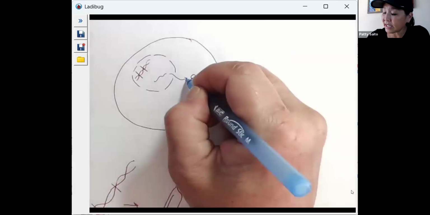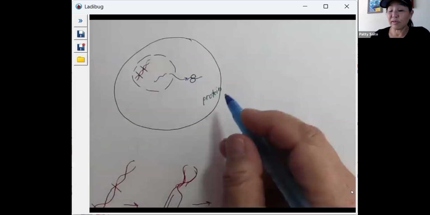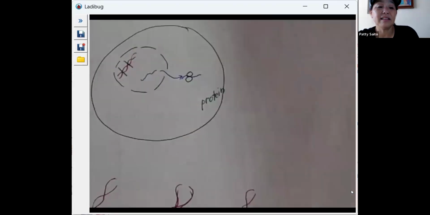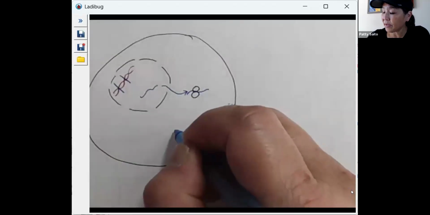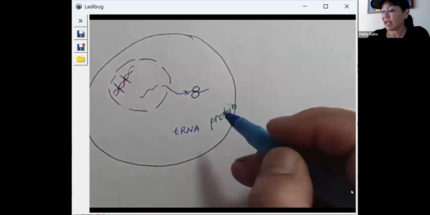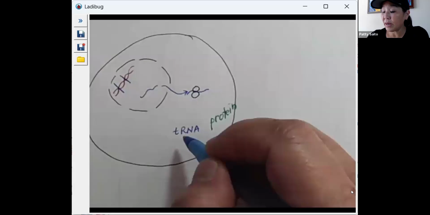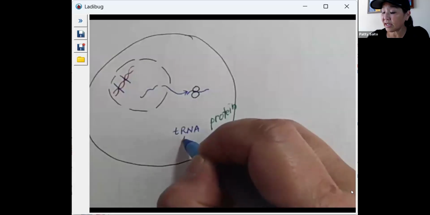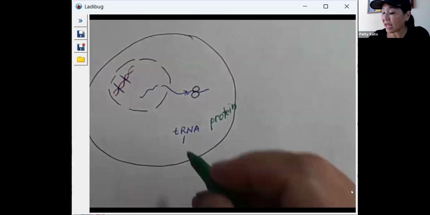And this little message is read by the ribosomes. Now floating around the cell, we have other RNA called transfer RNA. Okay, a single-stranded nucleotide. But now this RNA is attached to an amino acid.